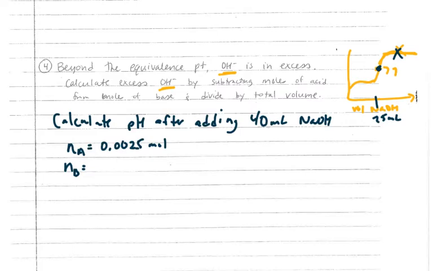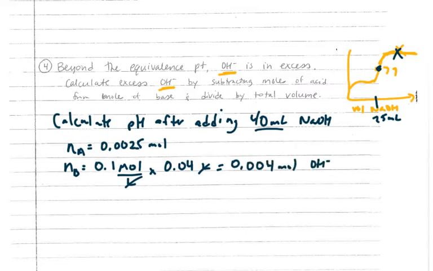If we have 0.1 molar, or moles per liter, and we add 40 milliliters or 0.04 liters, then that's 0.004 moles of hydroxide.